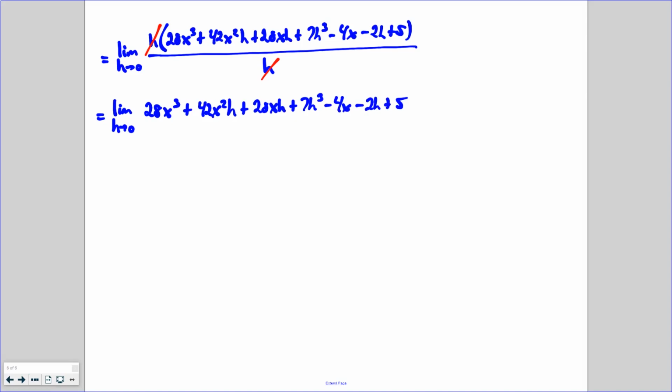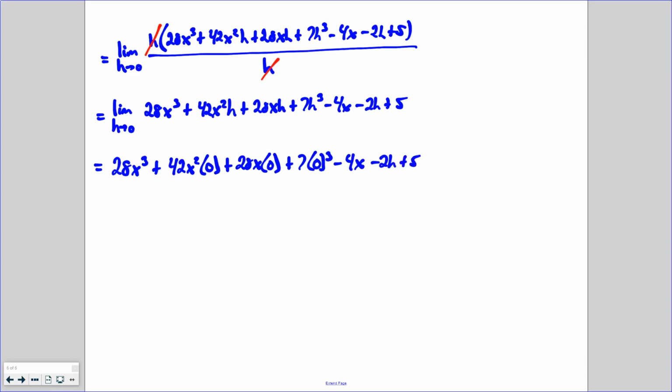Alright, so now we can do direct substitution. So we're going to get 28x cubed plus 42x squared times 0 plus 28x times 0 plus 7 times 0 cubed minus 4x minus 2h plus 5. And then anything that has a multiple of 0 is going to cancel out. Oh, and I forgot a 0.